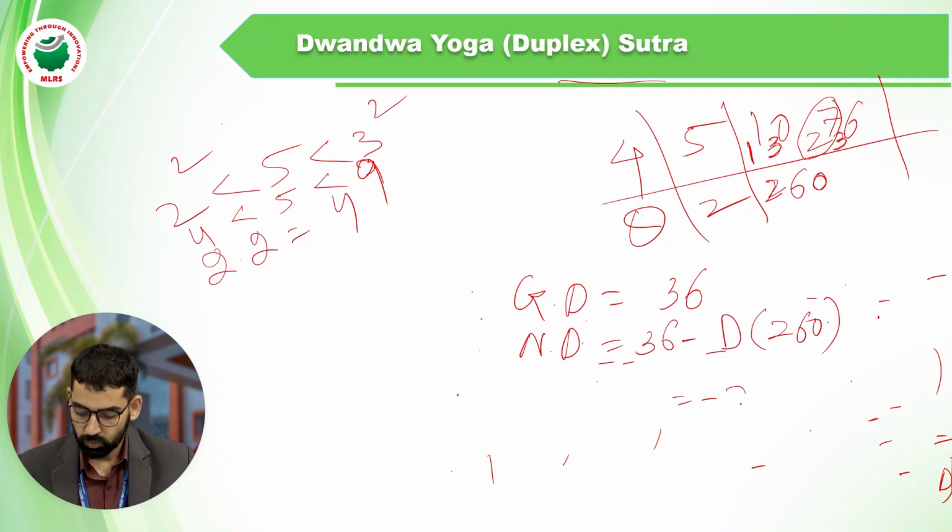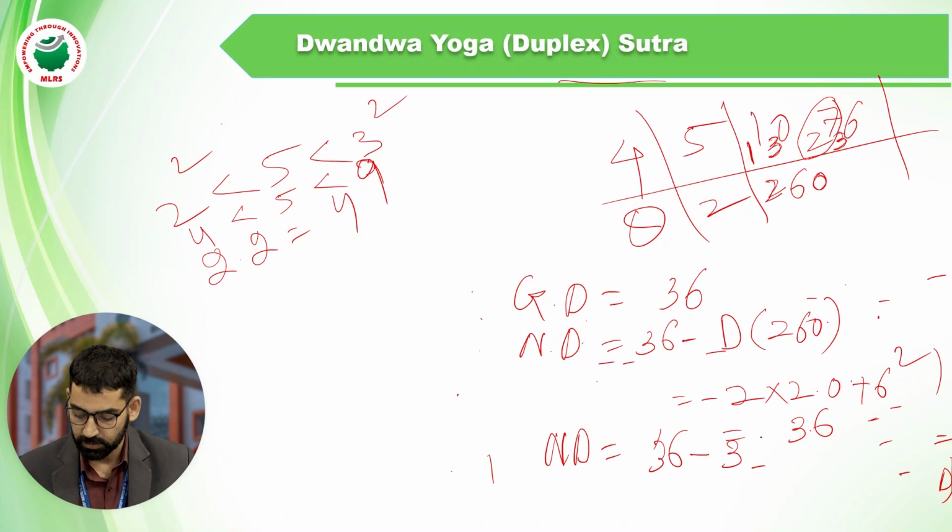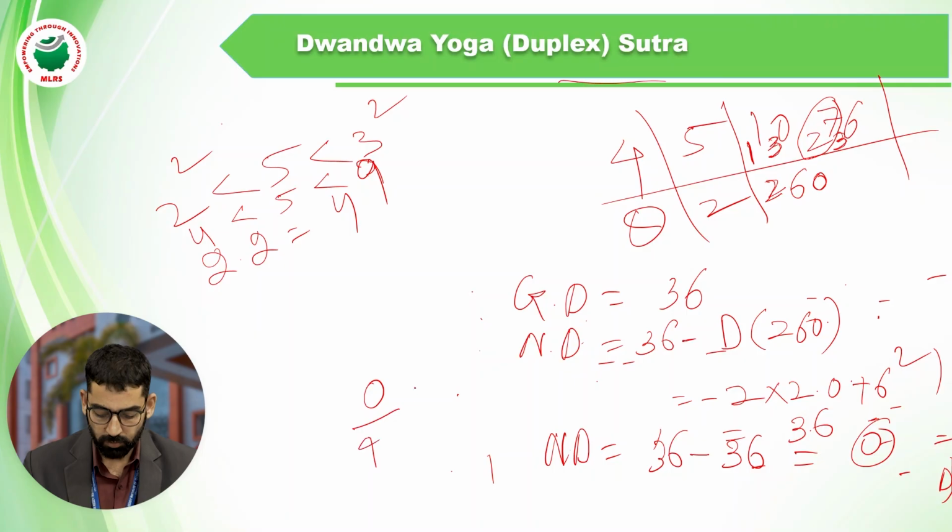That is 2 into 0 plus 6 square, as we have already told you about finding the duplex of a 3-digit number, that is 2 into 2 into this number plus 6 square, that is 0 plus 36. So the net dividend is 36 minus this value of 36, which equals 0. So again, this net dividend divided by 4 gives the quotient as 0 and the remainder as 0. You can put the remainder here, but the number has ended and the quotient 0 goes here.